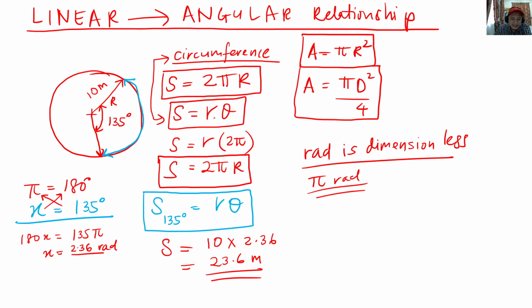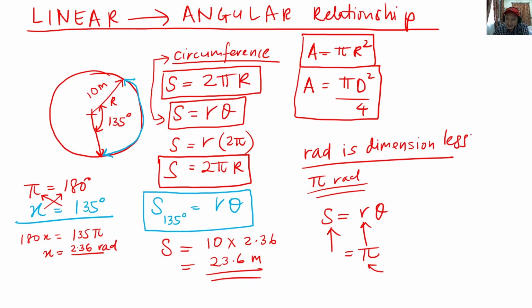This one, S is equal to r theta. So they did an experiment very long time ago. They found out the bigger the radius, the bigger the circumference, and the ratio is the same. The ratio is pi.